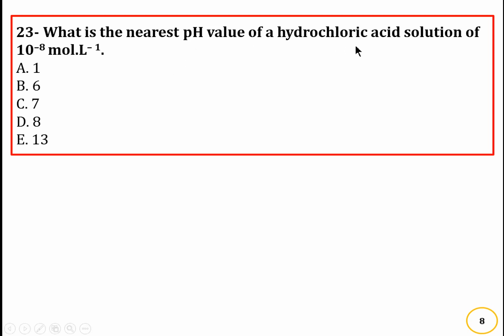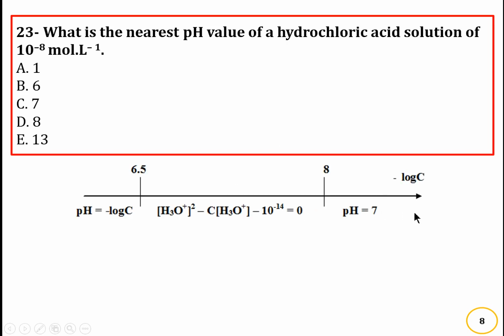If the student writes that hydrochloric acid is a strong acid, he will apply directly pH equals minus log C, so pH equals minus log 10^-8, so pH equals 8, and this is a basic medium. It's impossible that hydrochloric acid forms a basic medium.